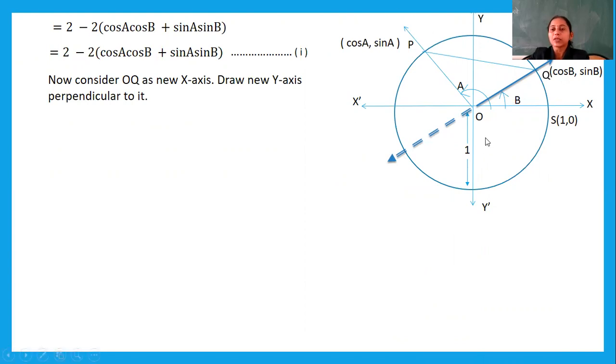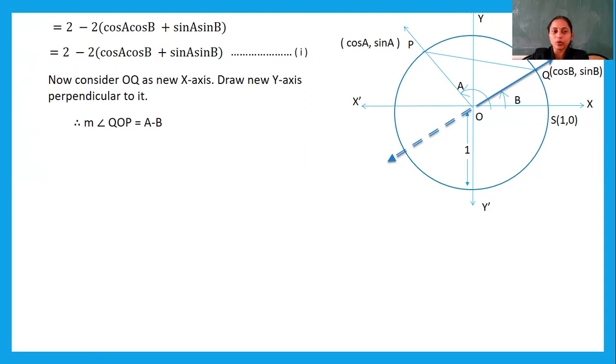आणि इथे जो अँगल आहे XOQ हा B होता आणि अँगल XOP हा काय होता? A होता. त्यामुळे जो रिमेनिंग अँगल आहे POQ, हा जो POQ आहे तो तुम्हाला काय मिळणार आहे इथं A मायनस B मिळणार आहे.